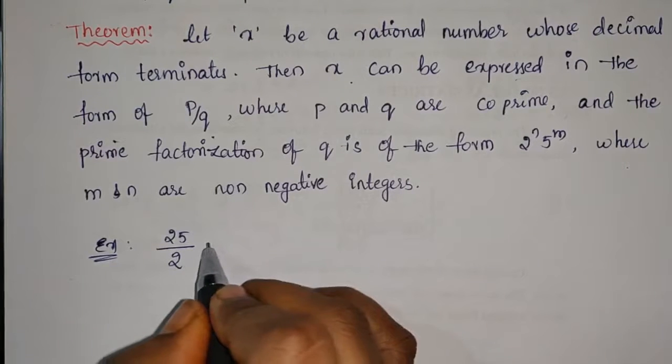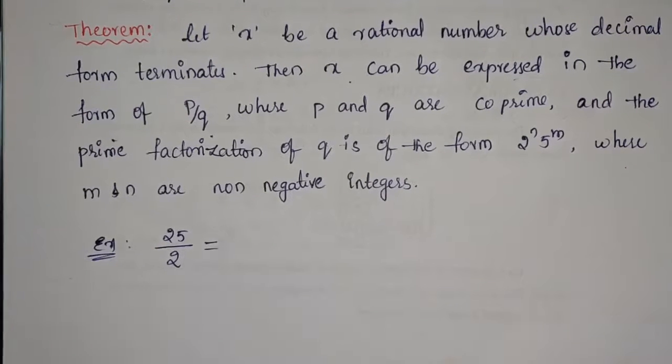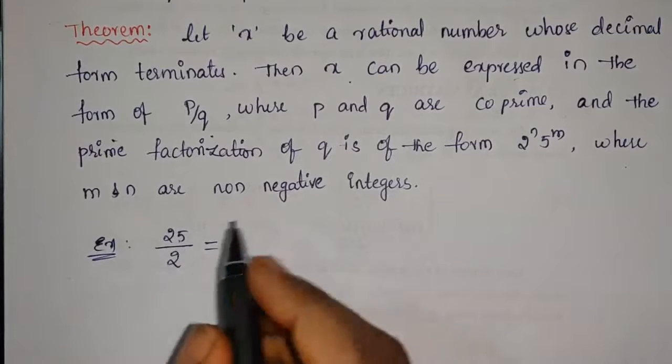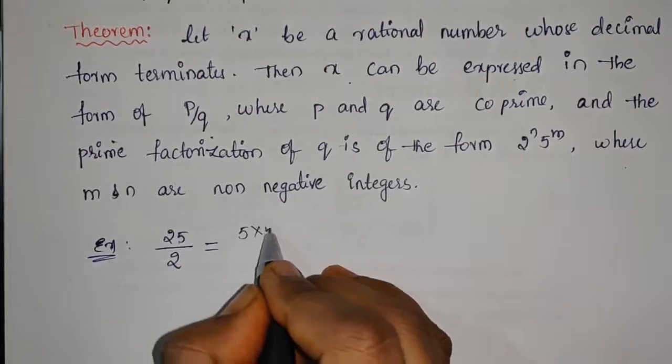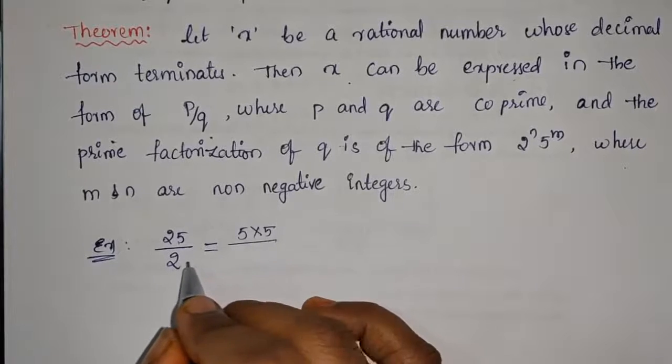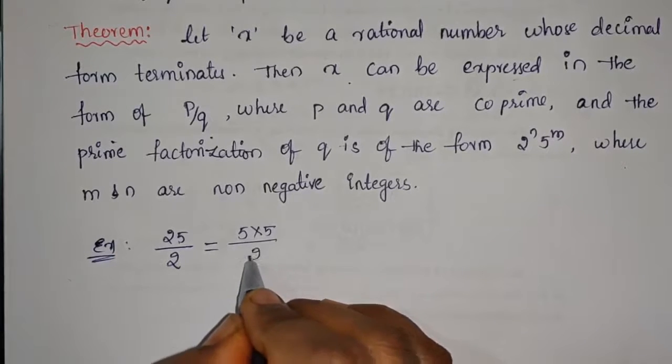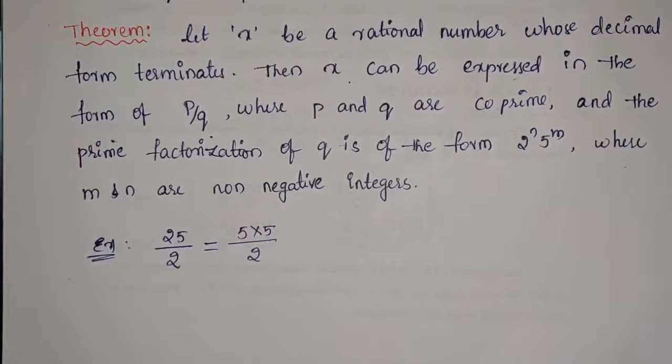So first you have to write the factorization, if any. Here 25 can be written as 5 into 5, and in the denominator only 2 is there, so I am writing 2 as it is. But whenever you want to convert this number into the decimal form without using the actual division, you should convert the denominator into 2 power n and 5 power m form.